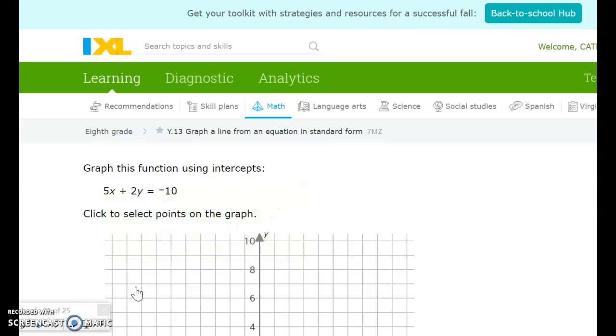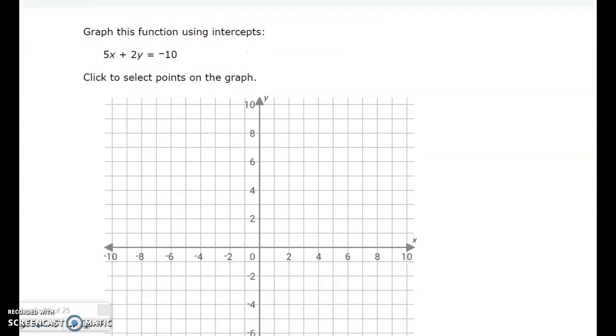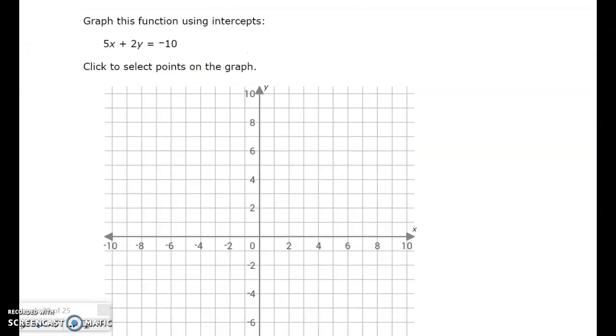Let's go ahead and look at one more example. This one's a little bit more complicated looking. If I were trying to change this to y-intercept form, remember I want to get y by itself over here. So I'm going to first get rid of this 5x here by subtracting 5x.